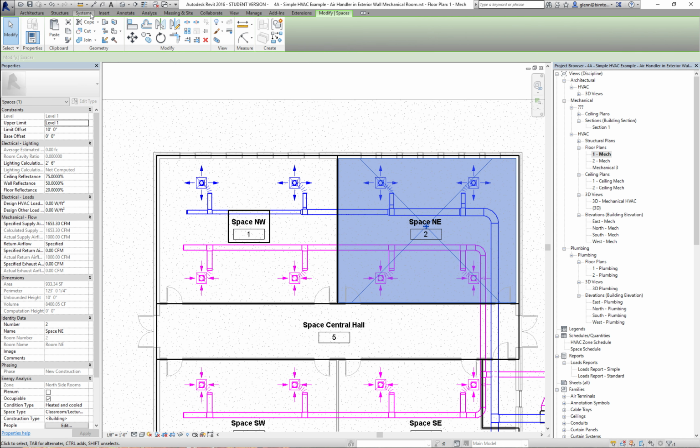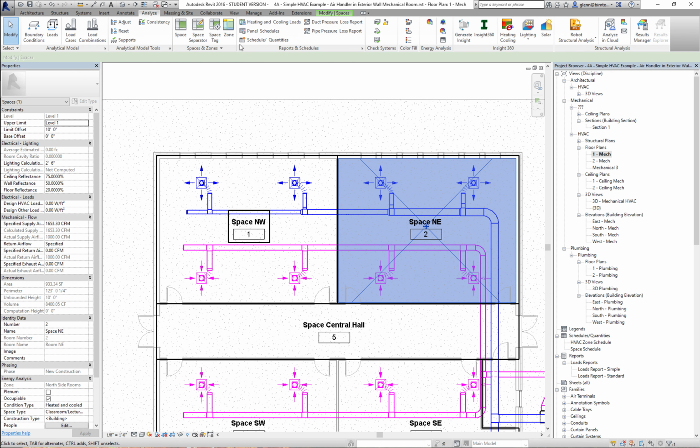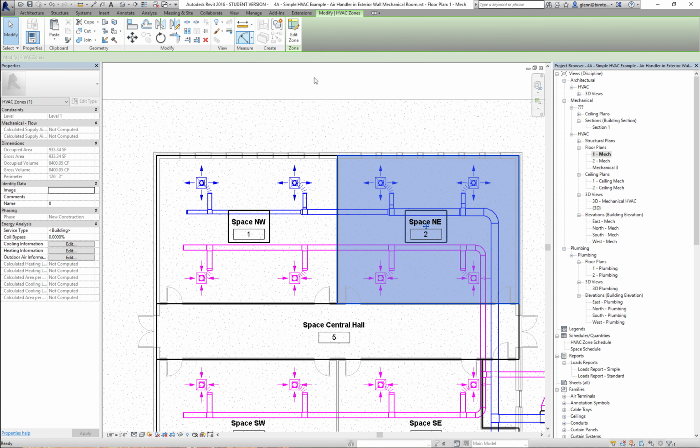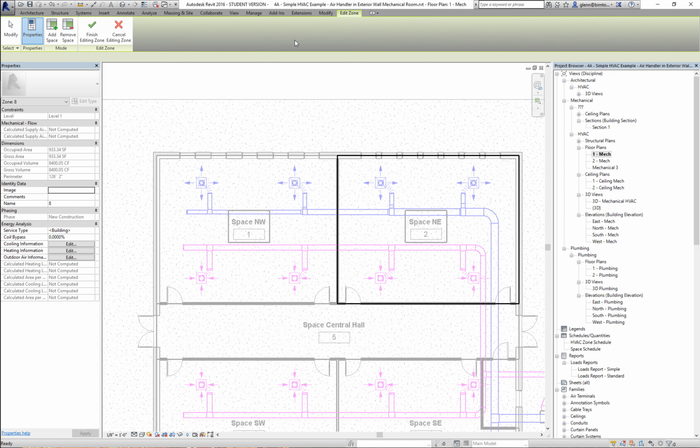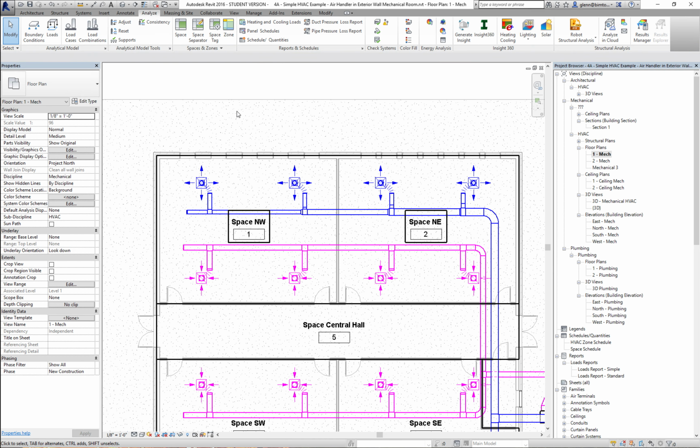Let me go to systems there. Oh, analyze, excuse me. Let me edit that zone. I'm going to just add a space to the zone. Okay, now it's together. I just pulled them back.